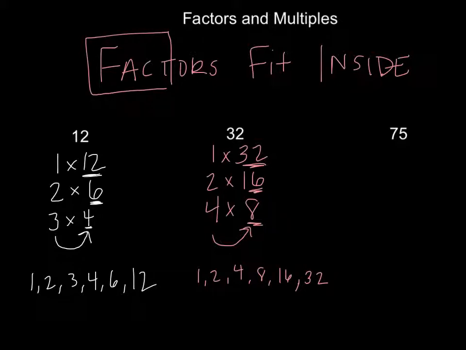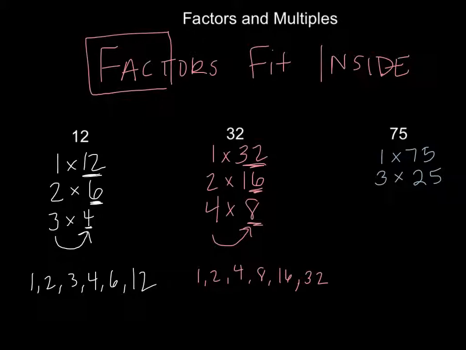Now let's try 75. So starting with 1 times 75 equals 75. Because 75 is not an even number, I know that 2 will not work. I know that 3/4 equals 75 cents. So 3 times 25 will work. 4 is not going to evenly divide 75.